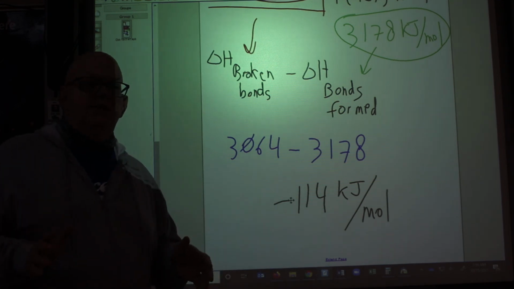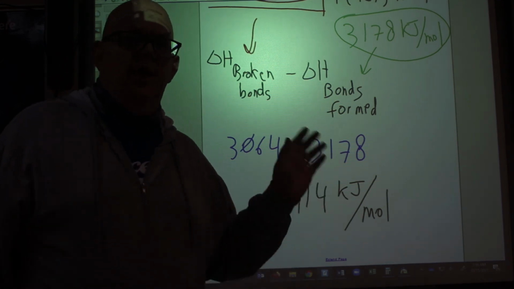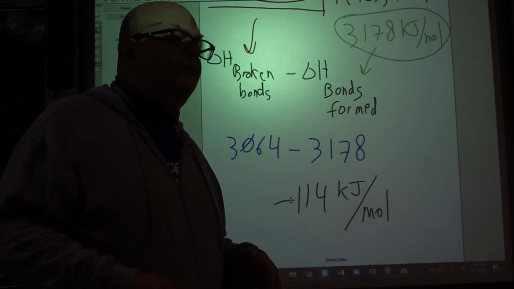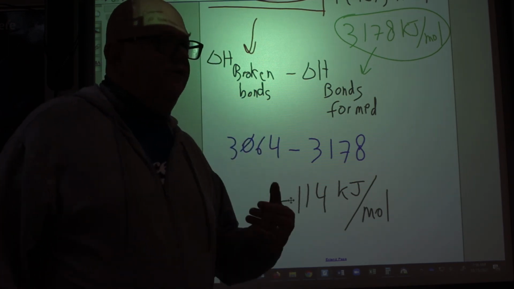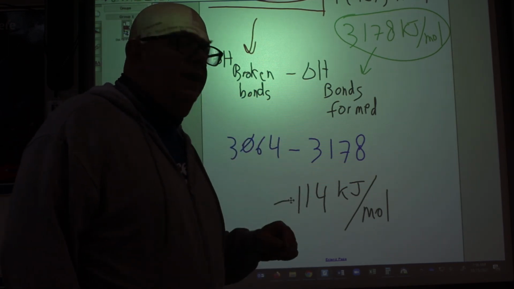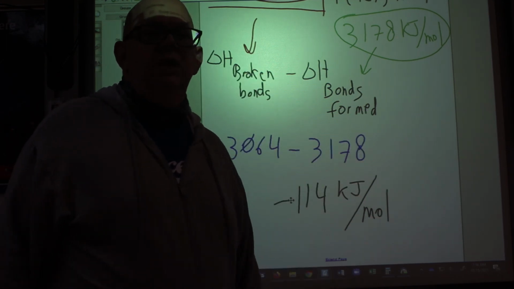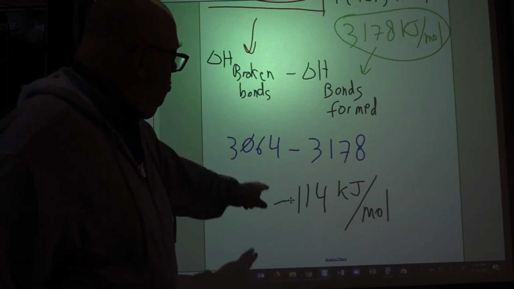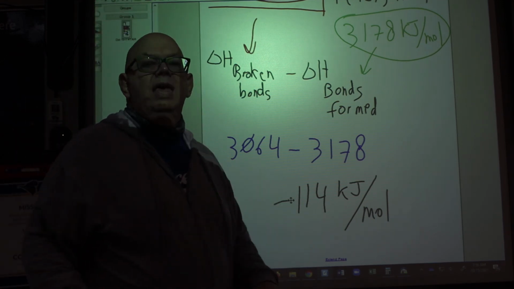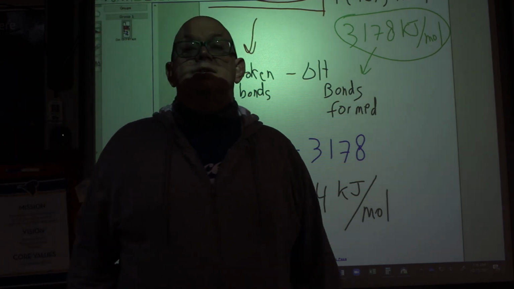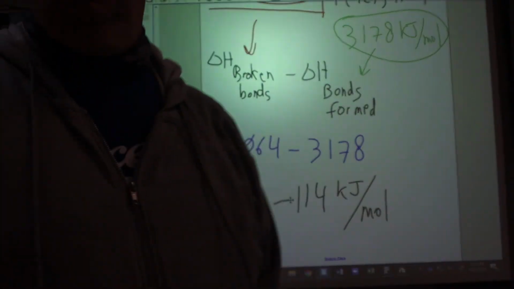So what does that tell us? In this reaction that's happening, for every mole of stuff that you're making, you're going to get energy being released at about 114 kilojoules. Because remember, the negative, it's not a bad thing, it's telling us the direction. It's telling us it's going outward.